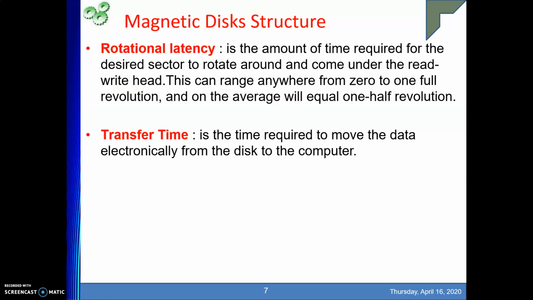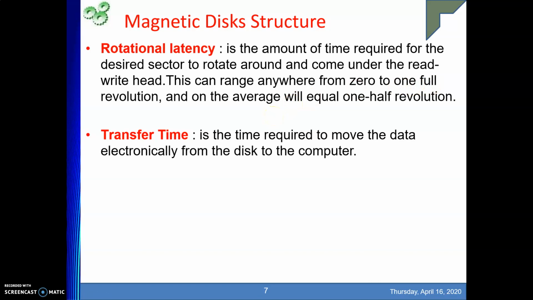Whatever amount of time is taken for that operation is nothing but rotational latency. This can range from 0 to 1 full revolution, and on average we take it to be 1/2 revolution. Why is it so? Because the best case is 0 and the worst case is a full rotation, so the average case will be half, right?